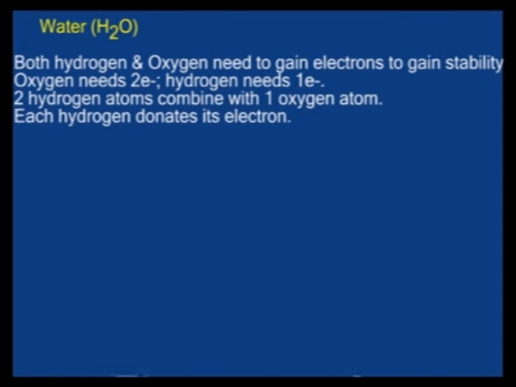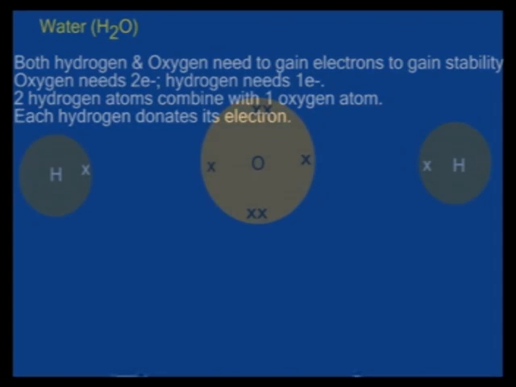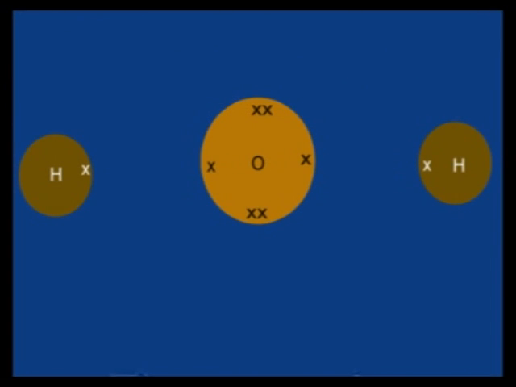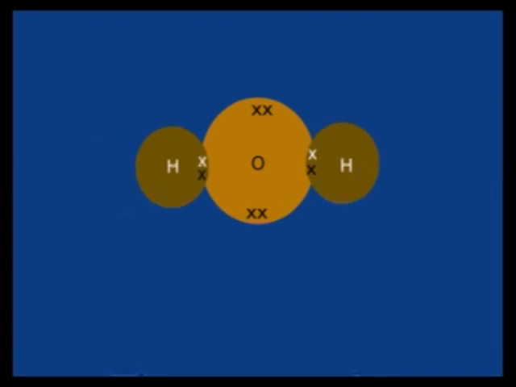So 2 hydrogen atoms combine with 1 oxygen atom such that each hydrogen contributes its electron in a sharing deal. At the end, the oxygen atom will get 2 sharing deals, donating 2 electrons, 1 for each deal with the hydrogen atoms. Look at that, and there you have the covalent bonds representing water.